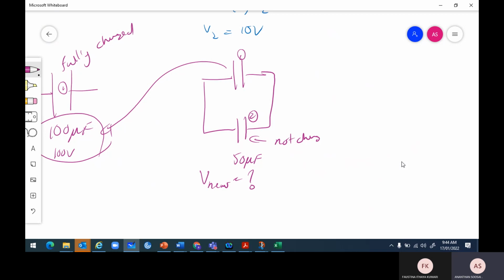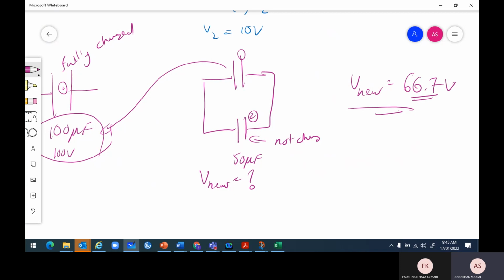One of your friends says 66.7 volt. So if you connect these two capacitors, this is considered parallel.